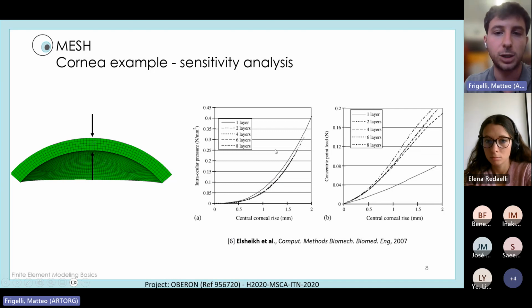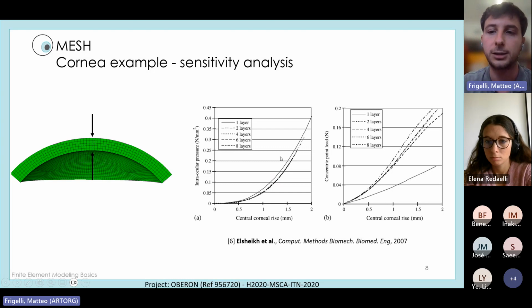They ran several simulations, always the same simulation, but with different numbers of elements in this thickness. I chose 5 in this image. They went from 1 to 8, and they showed clearly that the 1-layer simulation is not really converging to the same results as the 8-layer one, that is assumed to be the most accurate one.